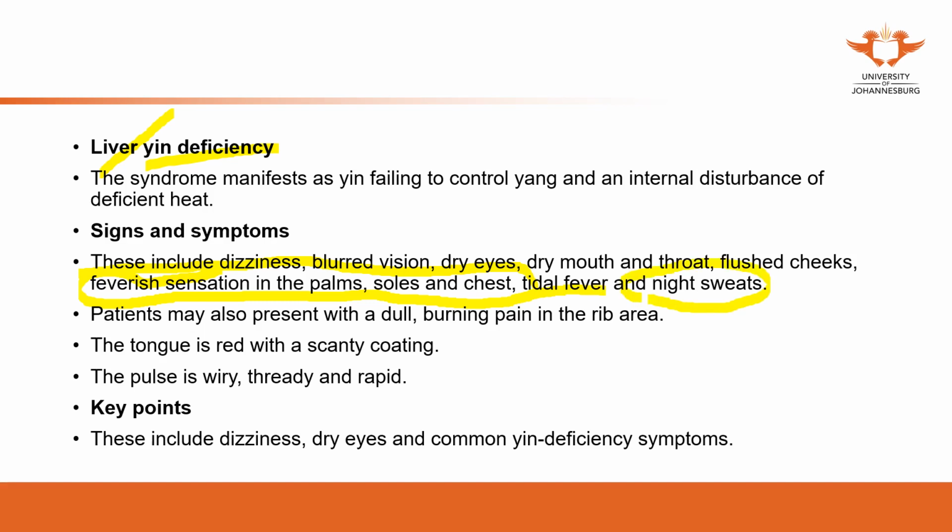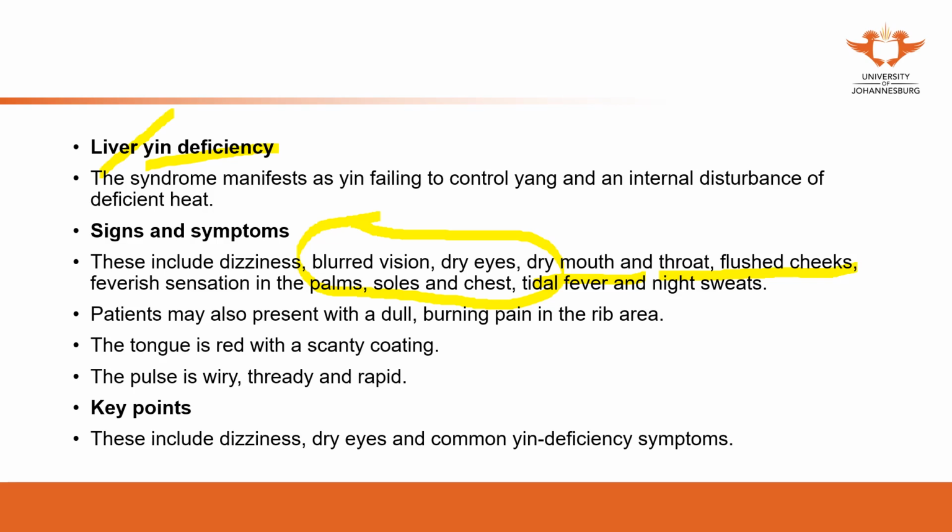So these are the symptoms of yin deficiency. The patient may present with other symptoms that are related to the liver, such as blurred vision, dry eyes, dry mouth, dry throat, flushed cheeks. So these are the yin deficiency symptoms related to the liver.